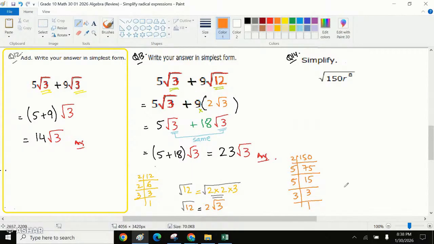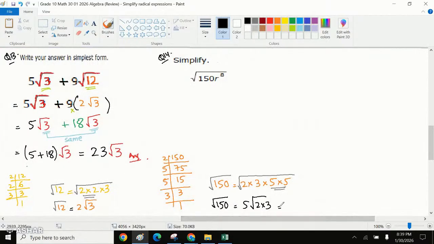So 150 can be written as 2 multiplied by 3 multiplied by 5 multiplied by 5. If we apply a radical, we have a pair of 5. That means radical of 150 can be written as 5 radical 2 multiplied by 3, and radical of 2 multiplied by 3 is radical 6.